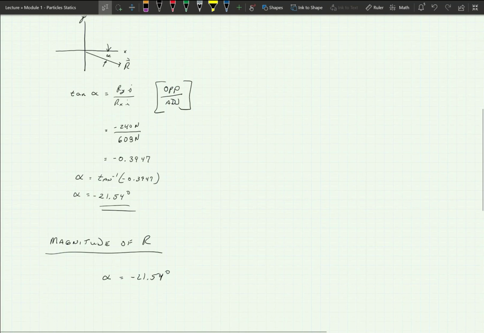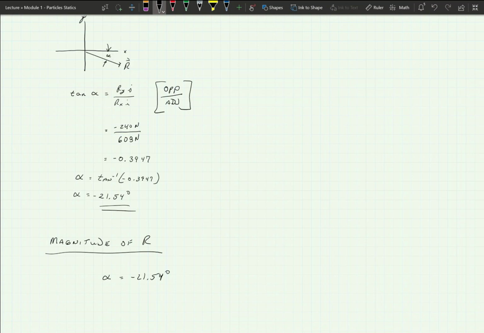I think what I need to do is come back to this angle up here. If we want to know this, we know the x component was the 608 newtons, and we know the angle, then we're looking at the cosine, or if we want to do the y, and we know this alpha, then we're looking at the sine.